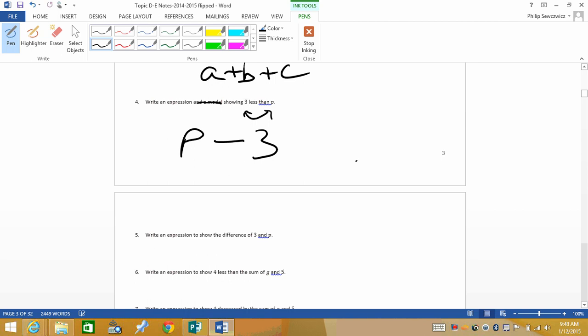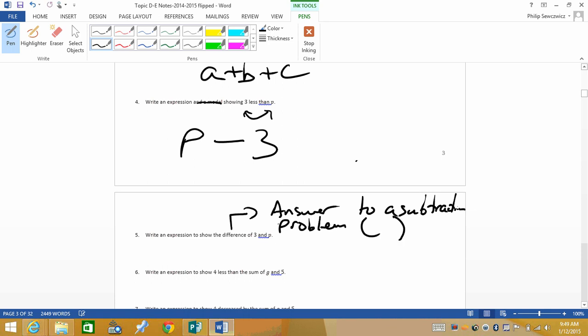Let's look at 5. Write an expression to show the difference. Difference is the word, this is our answer to a subtraction problem. All right. Difference and sum are very similar because they imply parentheses. Ooh, kind of bad parentheses. They're kind of a letter C there.